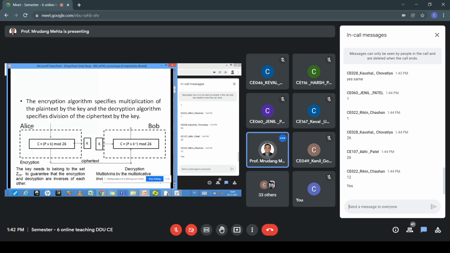So Alice will use this encryption algorithm: C equals P into K mod 26, where K is some key value. The encryption algorithm specifies multiplication of plain text by the key, and the decryption algorithm specifies division of the cipher text by the key. Like in additive cipher, we had plus for encryption and minus for decryption.